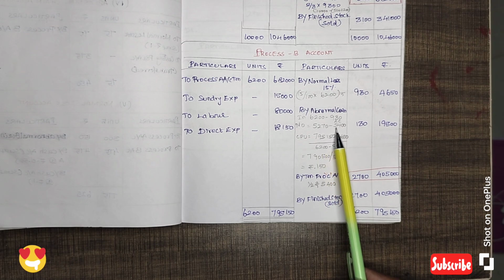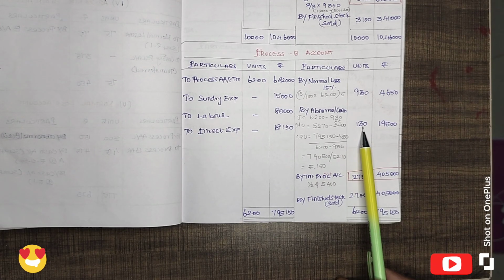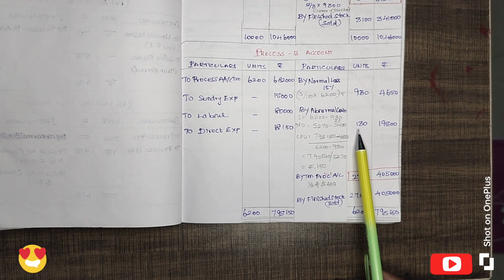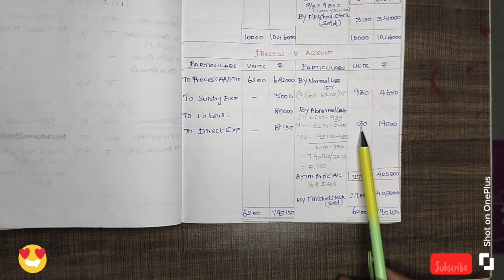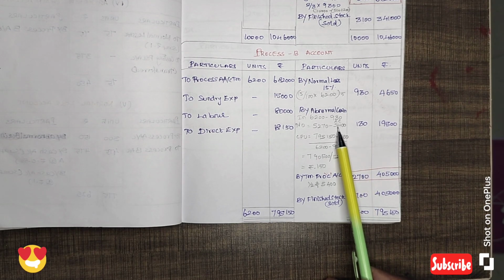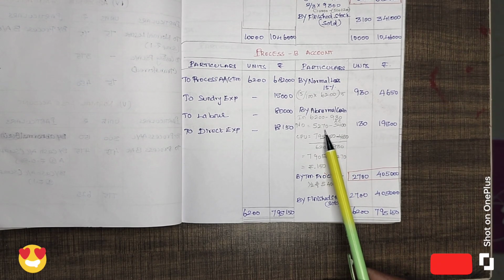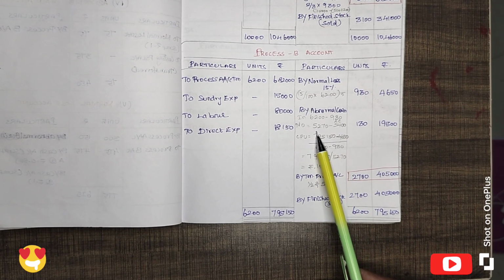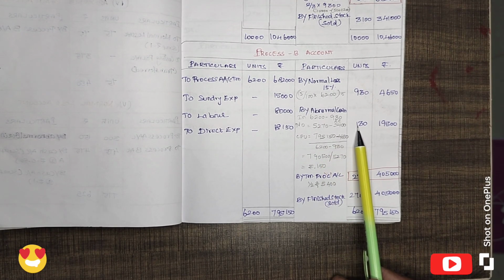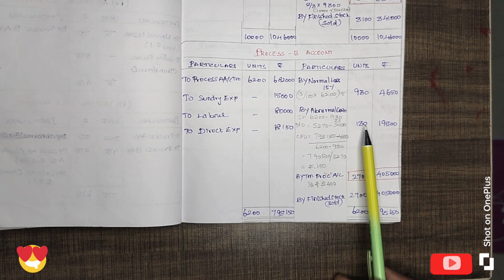Subtracting this from the actual output given in the question, 5,400, you will get 130 units. How can you find out if it's an abnormal loss or gain? It's very simple. The actual output 5,400 is greater than the normal output, so it is called abnormal gain, 130 units.